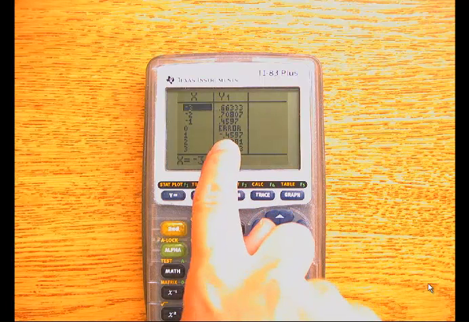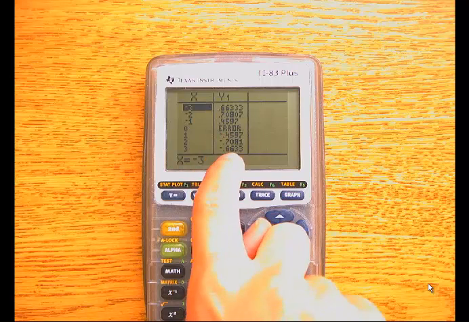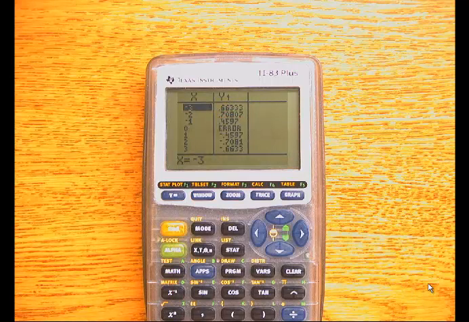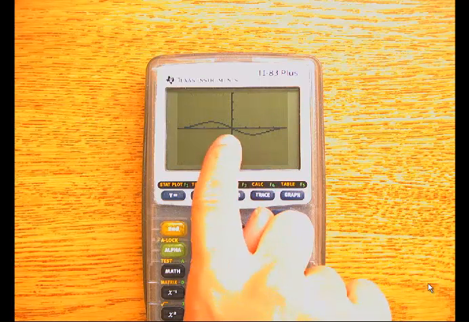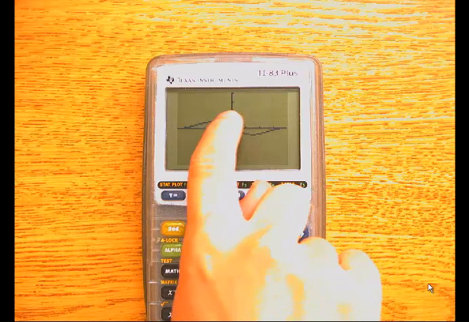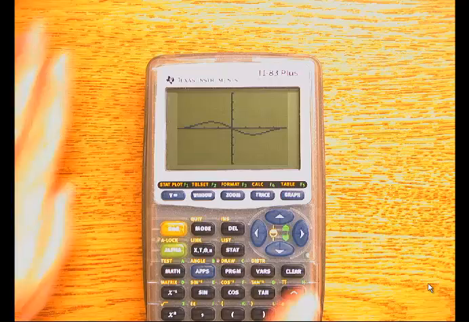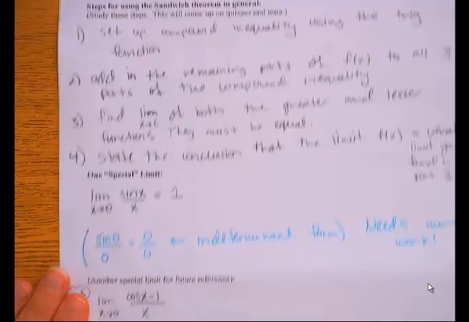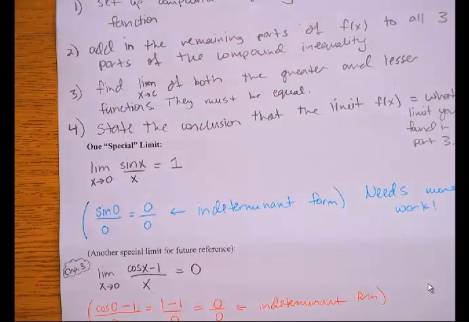Of course, it's not defined at 0 because it's indeterminate there, but it looks like those y values are wanting to get closer to 0. And if you look at the graph, that's exactly where they're wanting to get close to. And I know you can't tell here, but there's technically a hole right there at 0. It's just really hard to see with our calculator. So this limit that you are allowed to just sort of remember and use is 0.